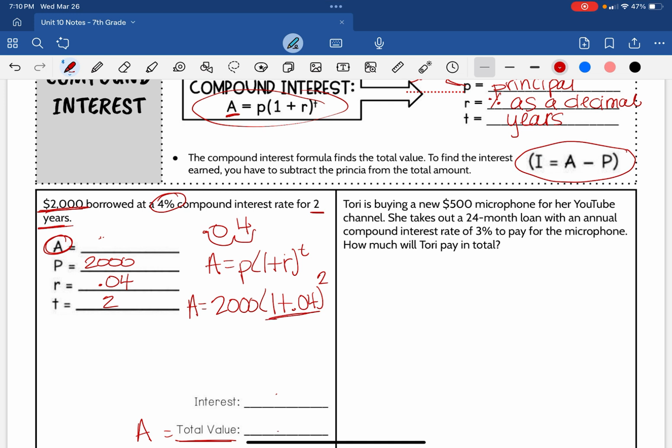A is going to equal 2,000 times 1.04, because 1 plus 0.04 is 1.04, to the second power. PEMDAS, parentheses, exponent, there it is. So 1.04 times 1.04.